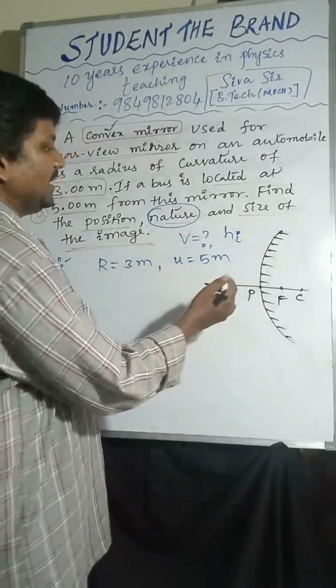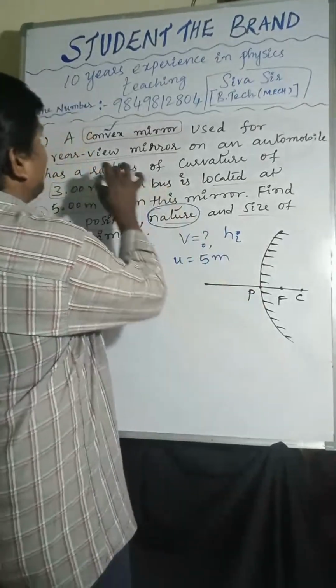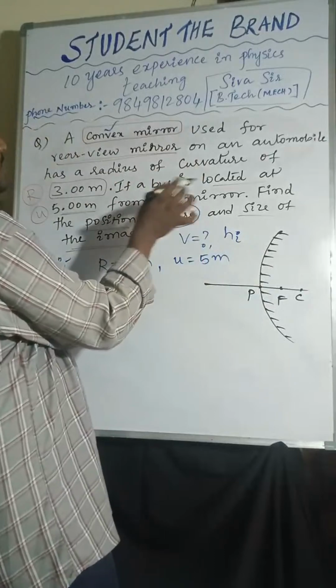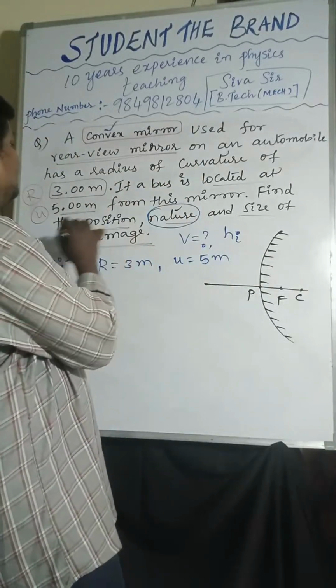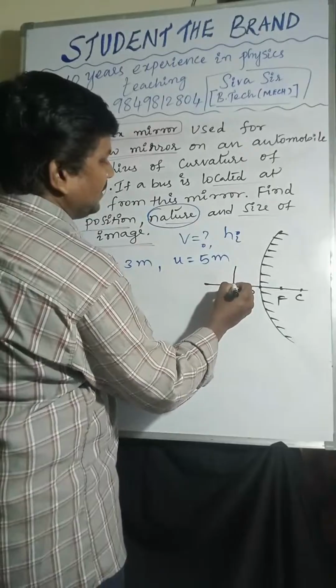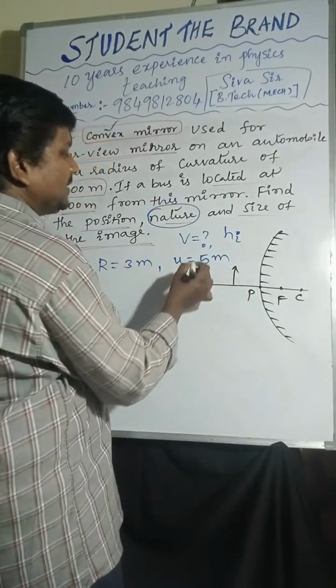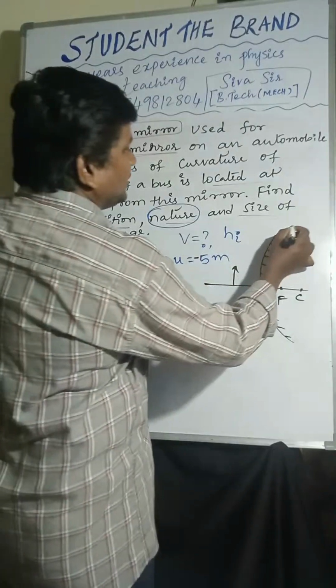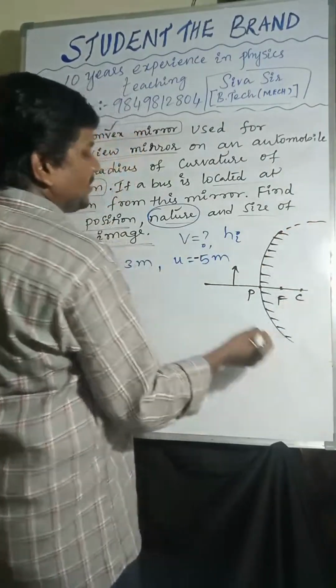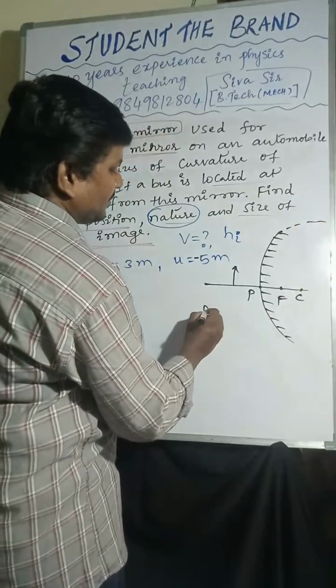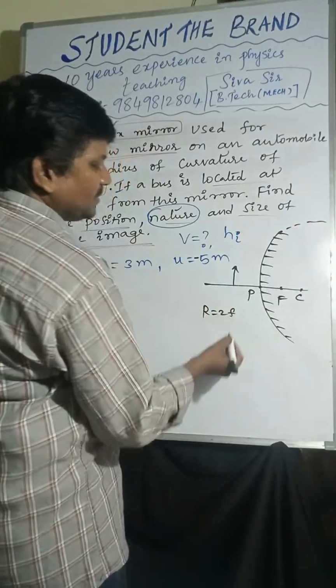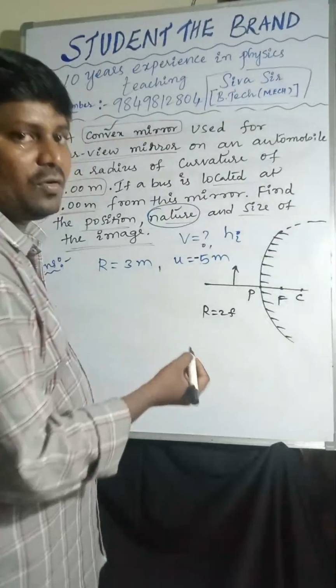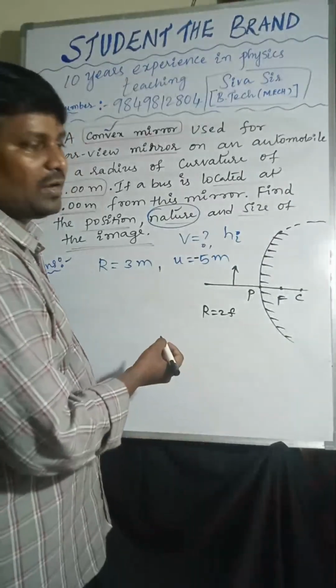So here, the convex mirror is a rear view mirror on an automobile, radius given. The object is placed here. Anyway, object distance is always negative. Radius of curvature is nothing but R equal to 2F, so indirectly they have given the focal length.